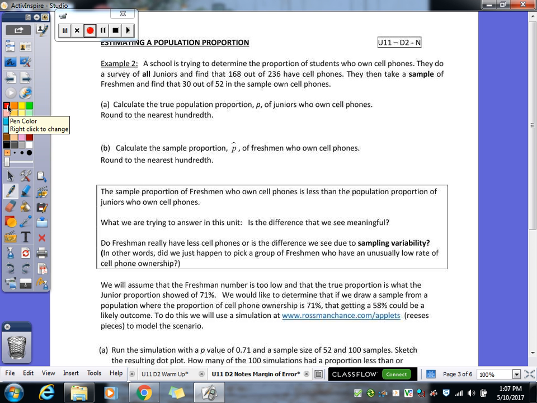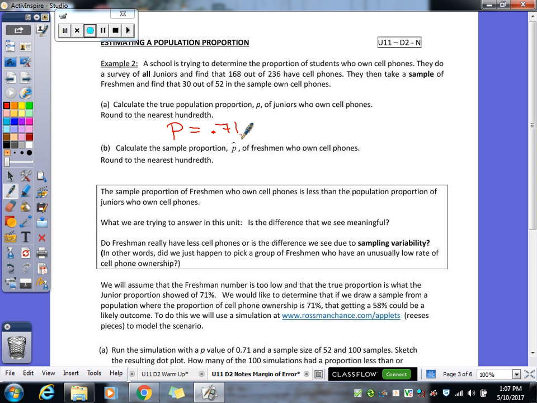So let's go back to our cell phone question we dealt with in our warm-up today. We had here the true population proportion of juniors who had cell phones. Our p-value we got to be 0.71, so we said 71% of our juniors had cell phones.